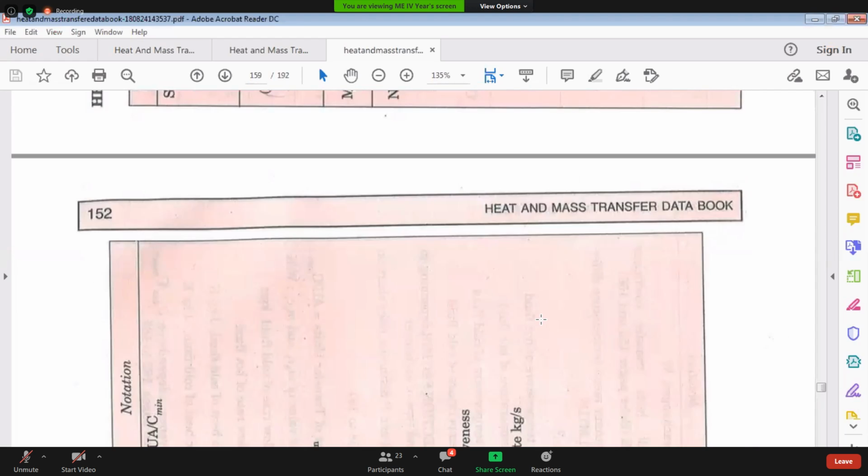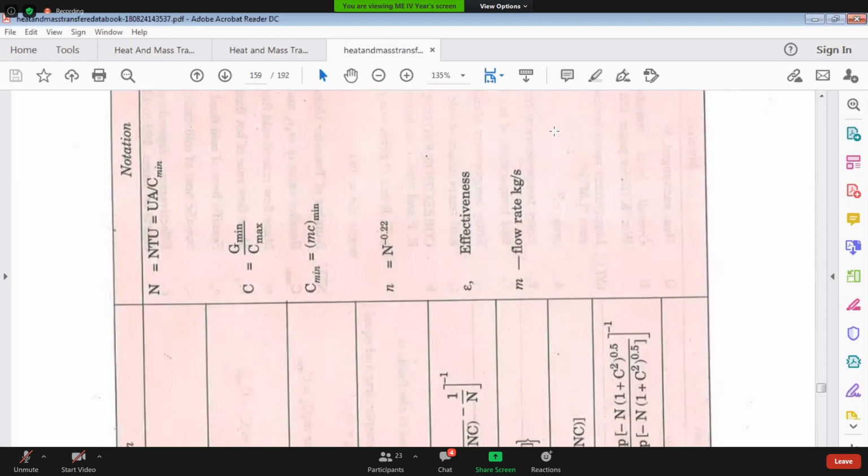Right? NTU, I used UA by C minimum, that is the definition. R is C minimum by C maximum, right? So you follow the notation C, R, that is better, right? So small n accordingly wherever you want to use.